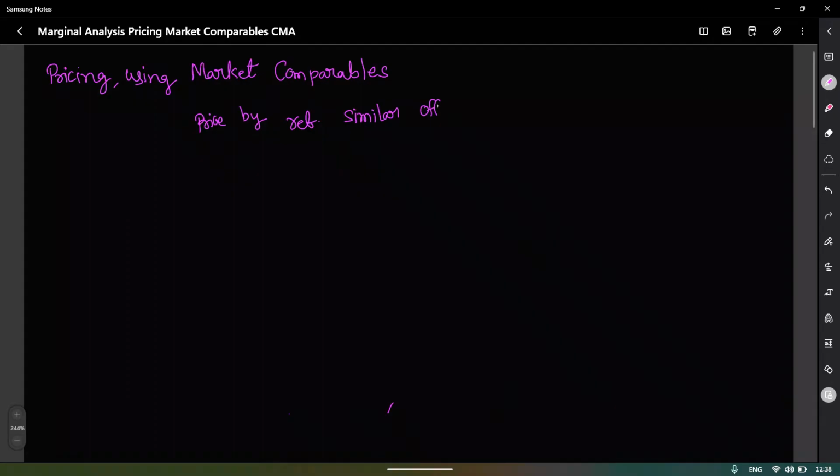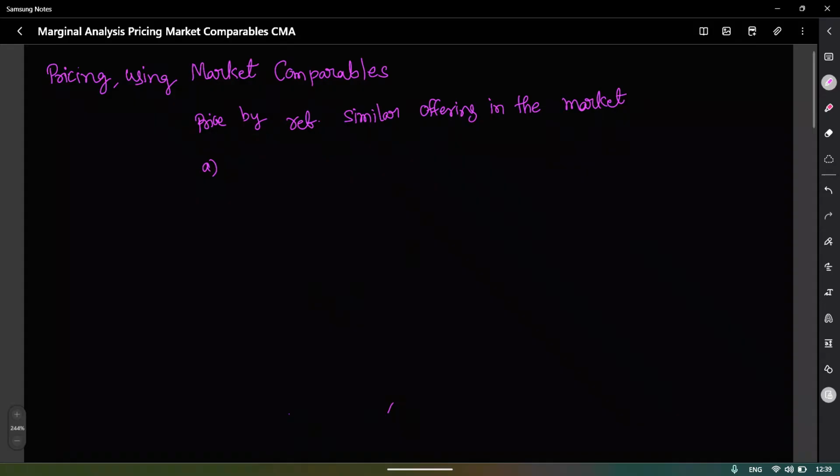We are gathering information related to our competitors and how they are deciding the price. So that strategy provides us valuable information, such as, first point, an external reference point.